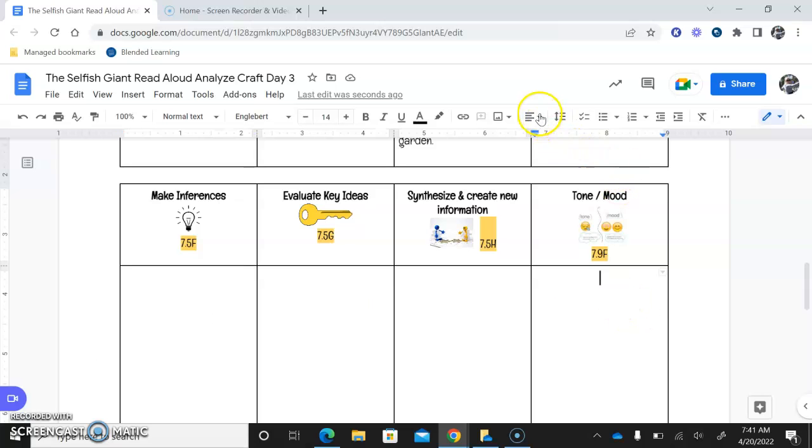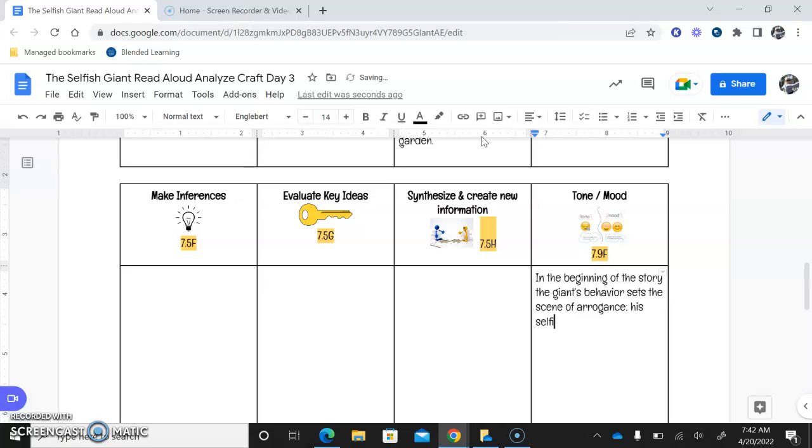The last thing we do need to talk about, though, regarding this story is tone and mood. Tone, remember, is the attitude that the author is taking about what he or she is writing about, and mood is how it makes the reader feel as they are reading the story. So we're going to talk about that. In the beginning of the story, the giant's behavior sets the scene of arrogance. Arrogance means that you think you're more important than everybody else and you discount others' feelings.